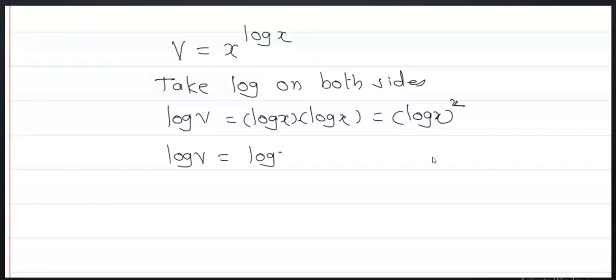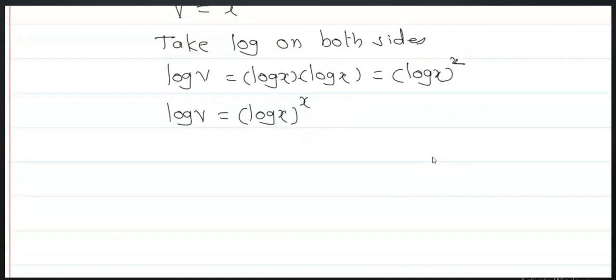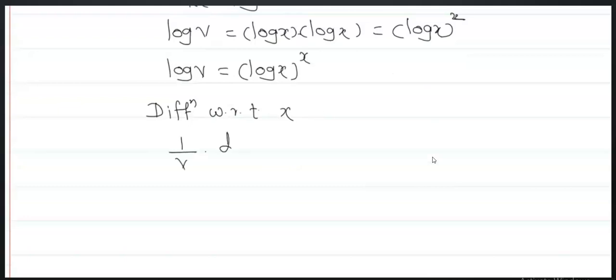Now differentiate this with respect to x.